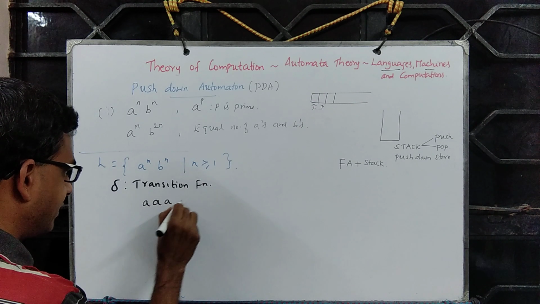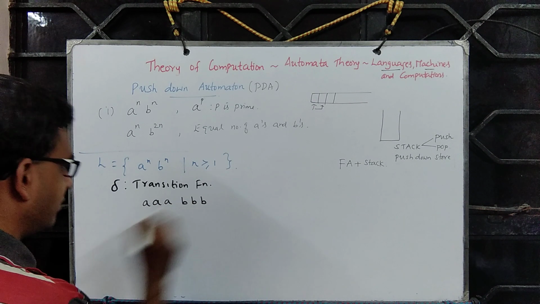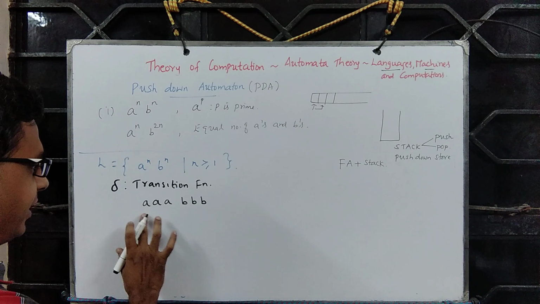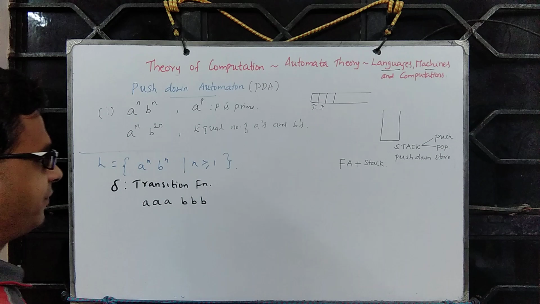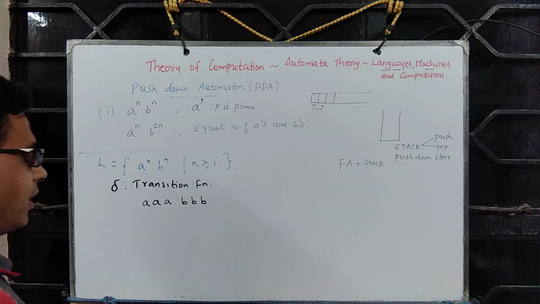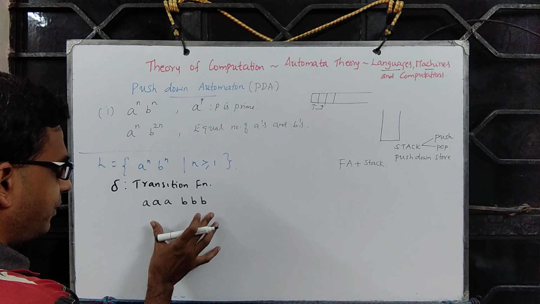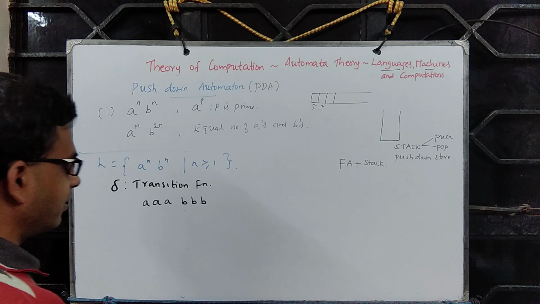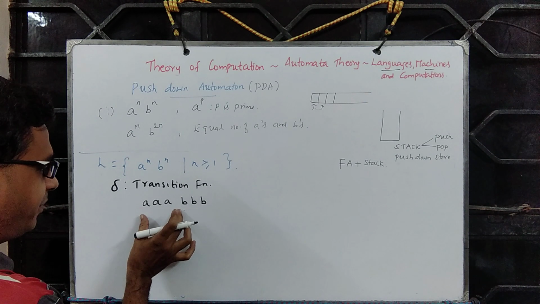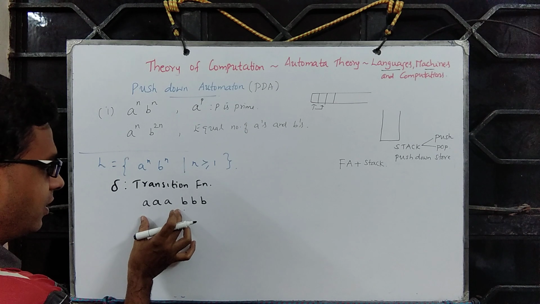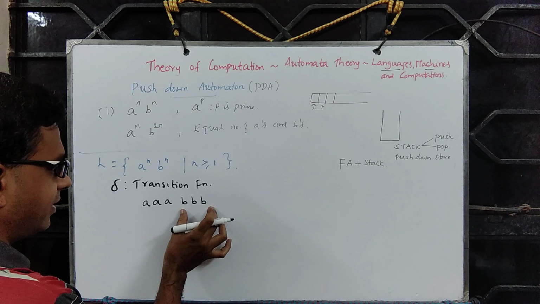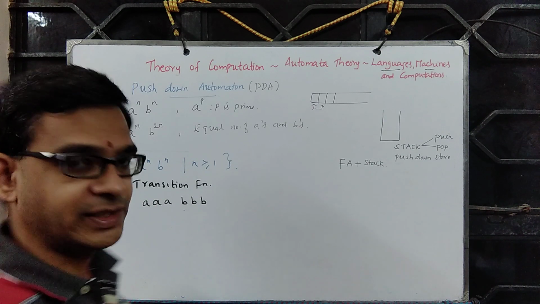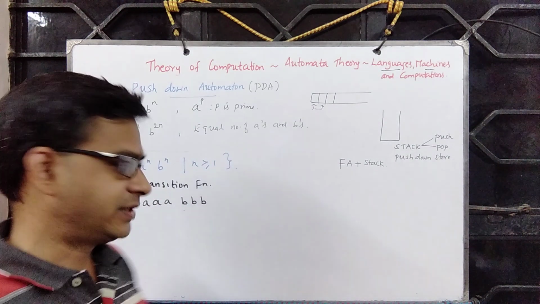Suppose the string is this, and it's a valid string, a cube, b cube, it's part of the language. So we should design the machine in such a way that when I reach here, I should somehow remember the number of A's read, so that when I start reading this, I can compare whether number of B's read is same as number of A's read.